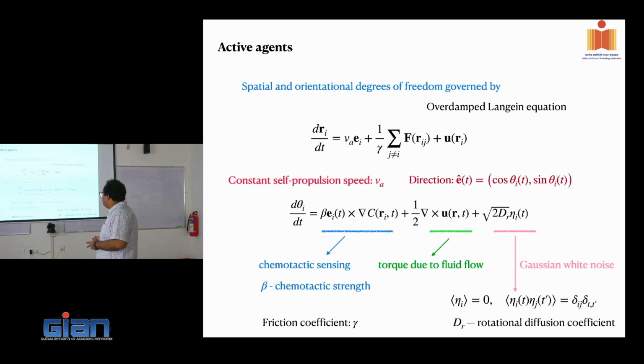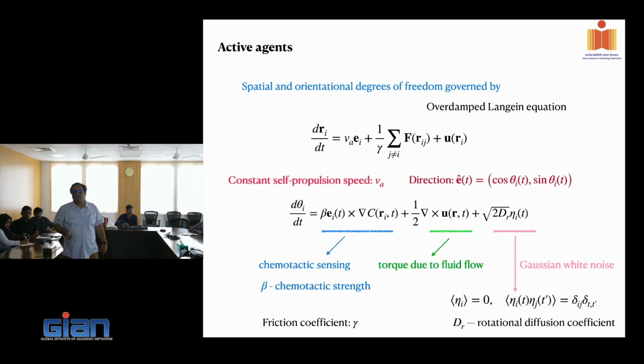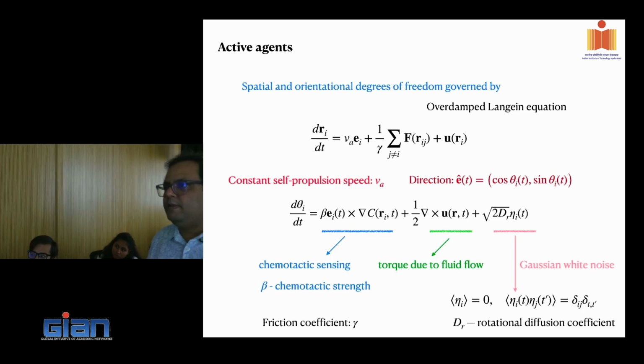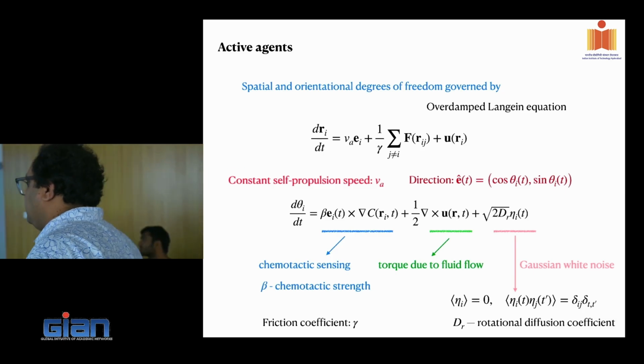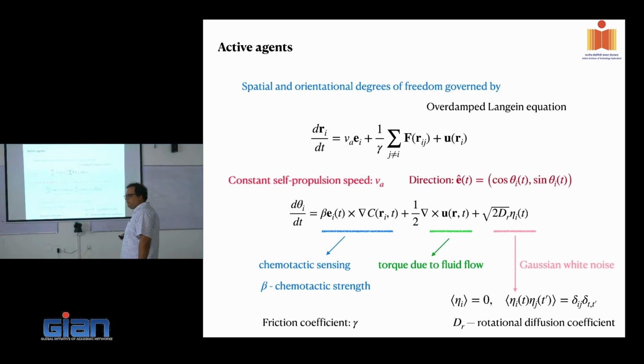The bacteria would like to align itself along the chemical concentration gradients, and the strength with which it aligns I'm going to represent by beta. Then it will also experience torque due to the fluid flow, okay, and some noise.